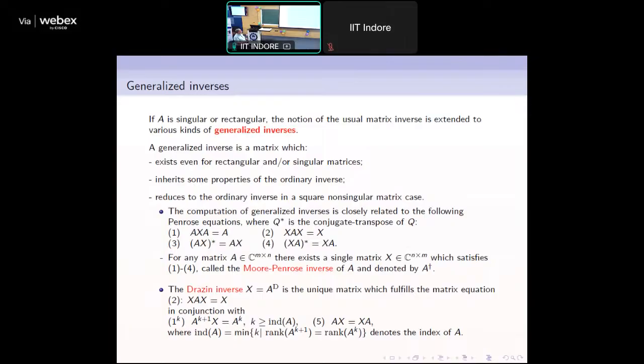Generalized inverses should inherit as much as possible properties of ordinary inverse. If these three properties are not satisfied, then we cannot say our G inverse is properly defined.